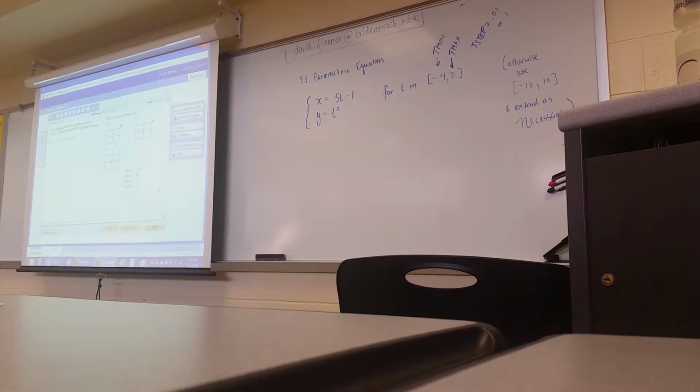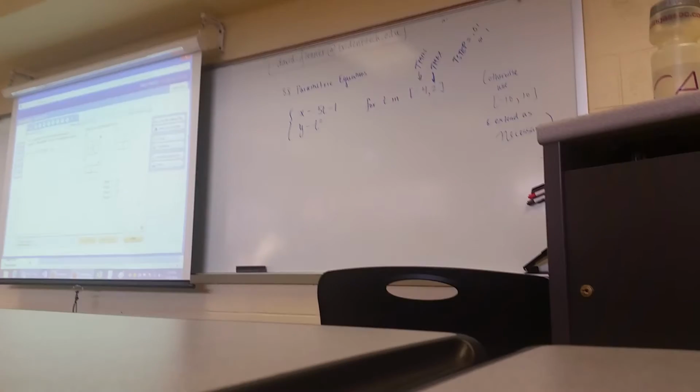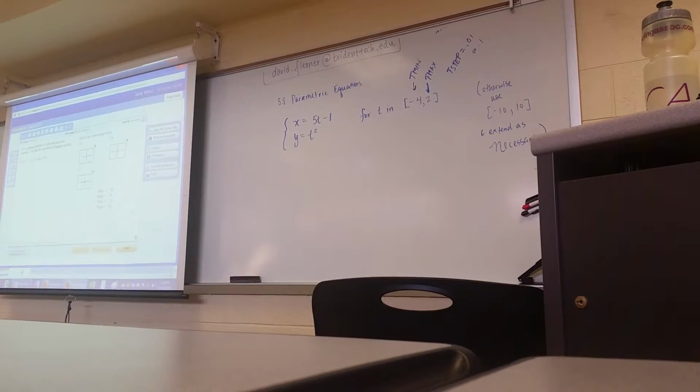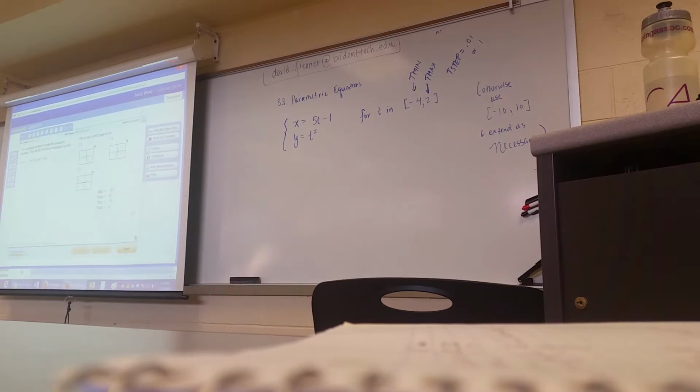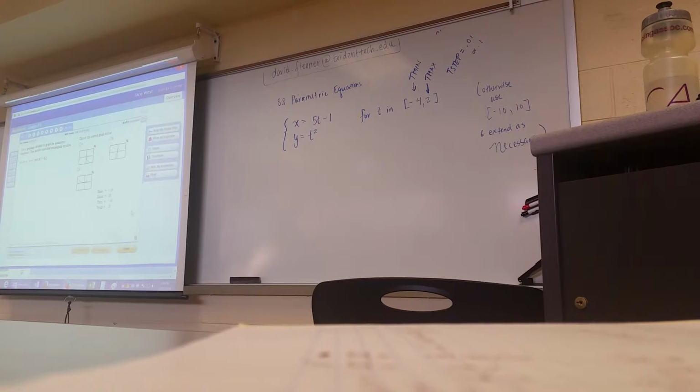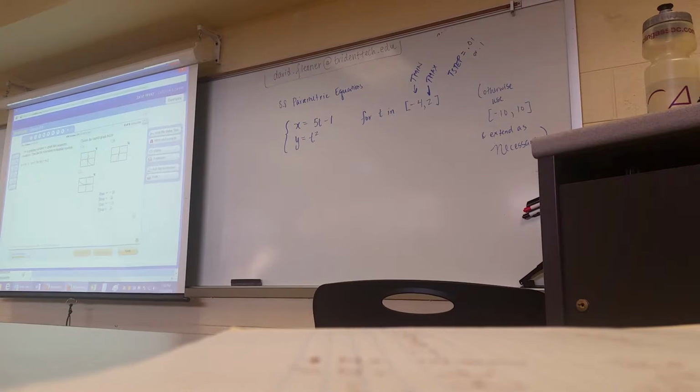All right, so looks like we get part of a parabola. If we're looking at the whole thing, maybe -10 to 10. Probably would be a parabola. It's way off the screen. All right.